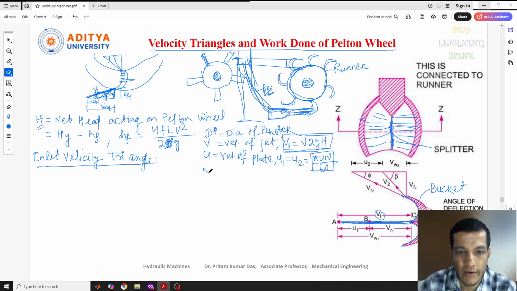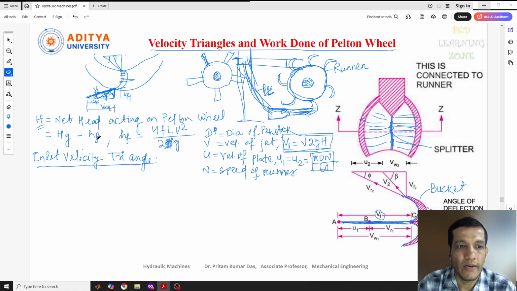So these are the terminologies useful for calculating the net head, and there is the gross head, loss of head, the velocity of the jet at the inlet condition, and the velocity of the plate at inlet and outlet conditions.